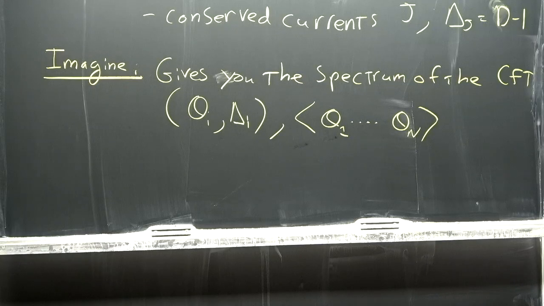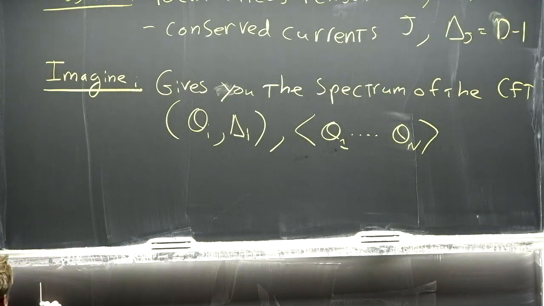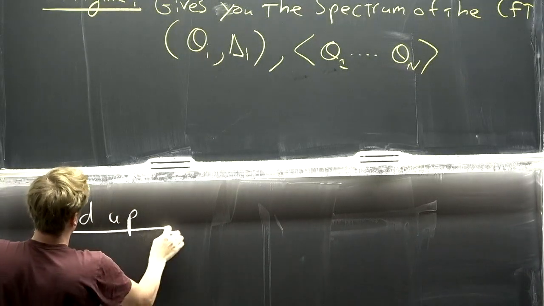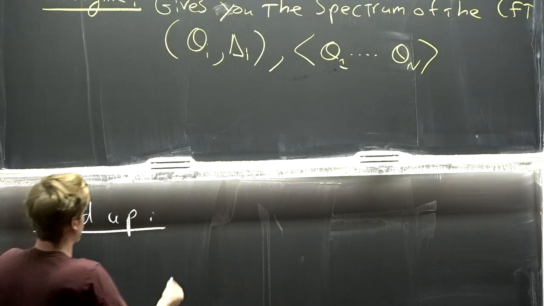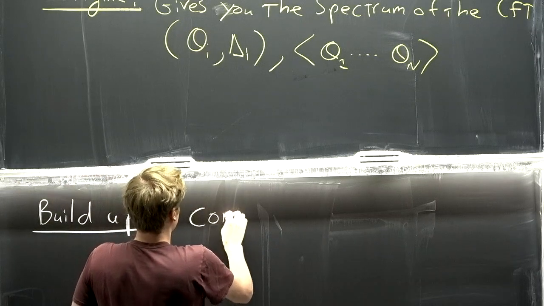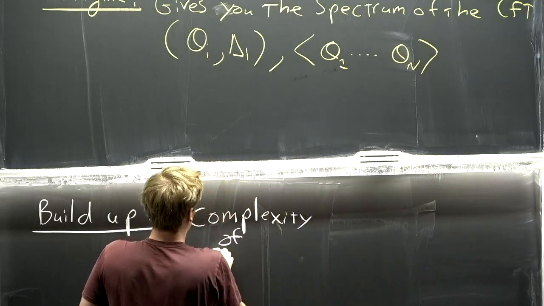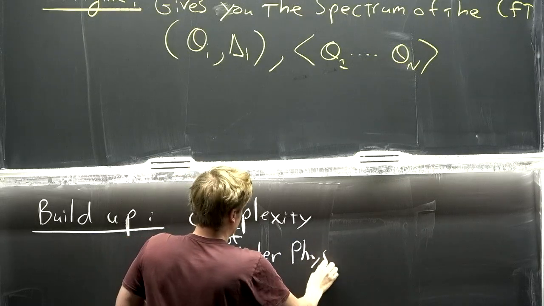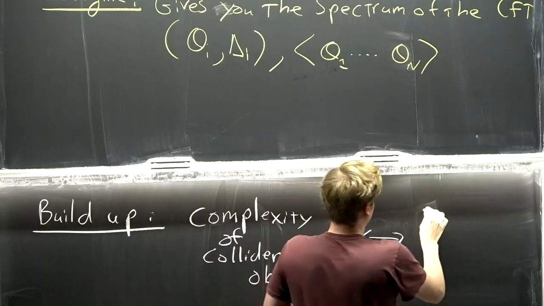Okay. Now we want to start building up the interesting things we can compute using these objects. Here I'm going to try to mirror the complexity of the collider physics observable with the complexity of the correlator.